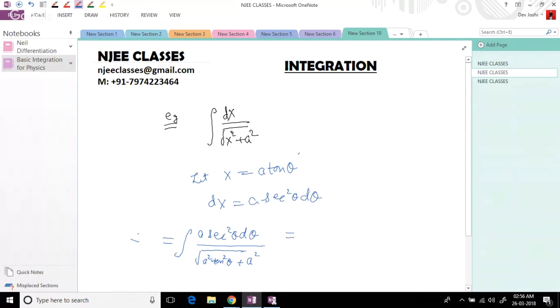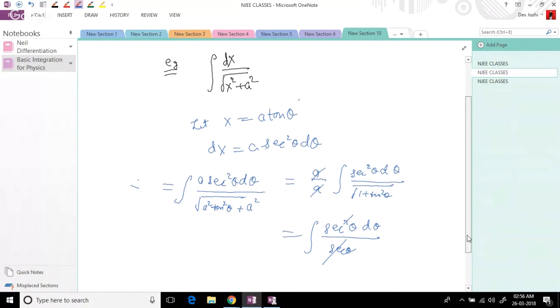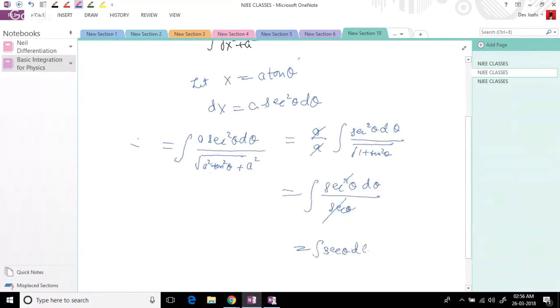So a square is taken out of the denominator, so a upon a will cancel out. Integral of sec square theta d theta upon under root of 1 plus tan square theta. 1 plus tan square theta is sec square theta, and under root of sec square theta is what? Sec theta. Correct. So one sec theta cancels out. So we have the integral of sec theta d theta, right?